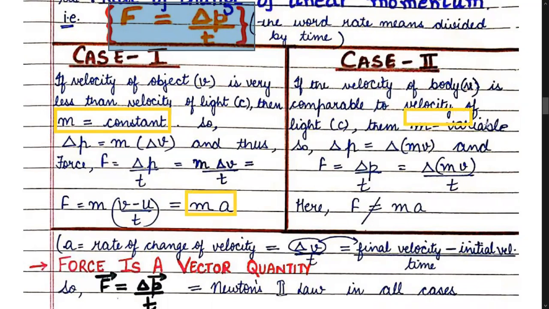But if mass is variable, then F is not equal to ma. Then your answer changes. So force as the product of mass and acceleration is always possible if mass is constant. Otherwise, it is not possible.